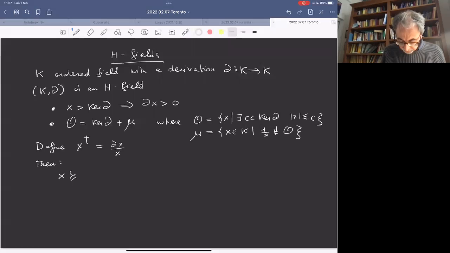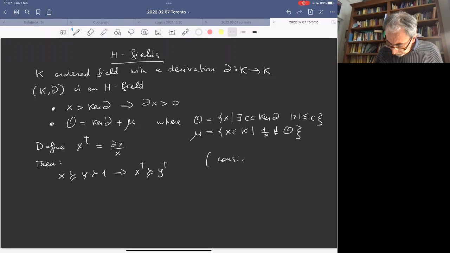If x, now I should really redefine. I'm interested in the case, consider the case in which the kernel is given by the reals.